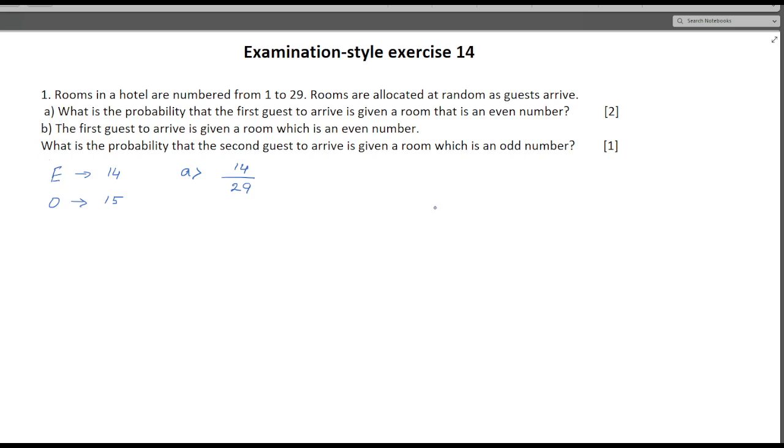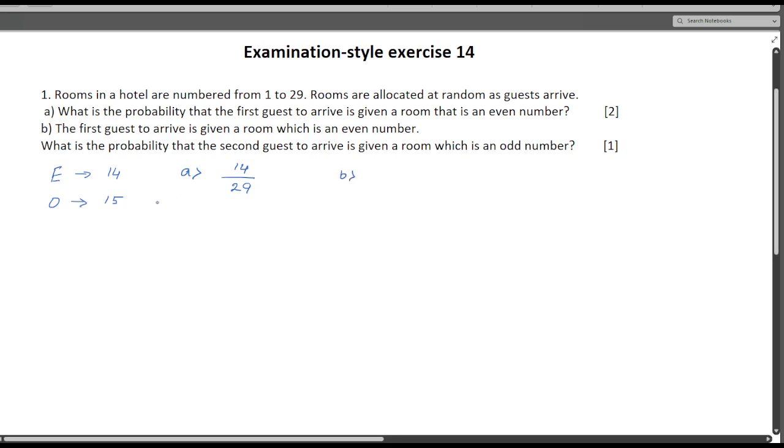B question. The first guest to arrive is given a room which is an even number. So already one guest has been given a room which is an even number. What is the probability that the second guest to arrive is given a room which is an odd number? Now we have 15 odd number rooms and the total number of rooms now available is going to be 28.